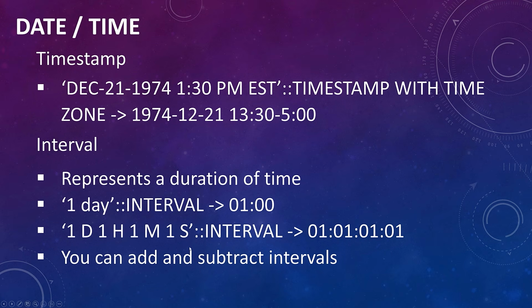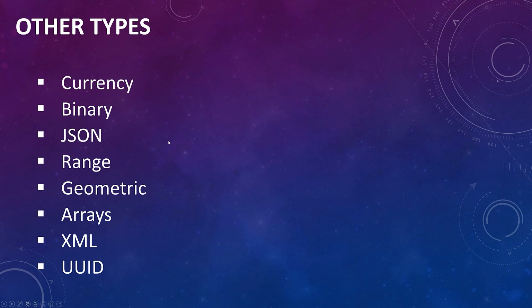And what's cool about intervals is that you can actually add and subtract intervals from different date times to play around with those concepts. There are other different data types. You're also going to have currency, binary, JSON, range, geometric, arrays, XML, UUIDs as well. And on top of that, you can even make custom data types.